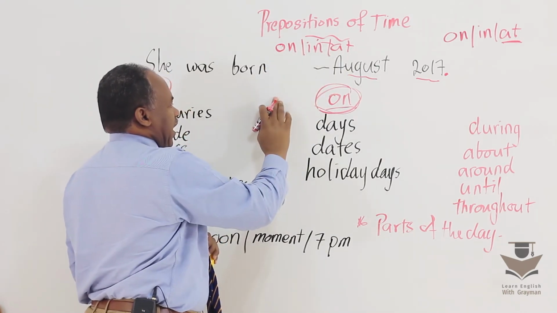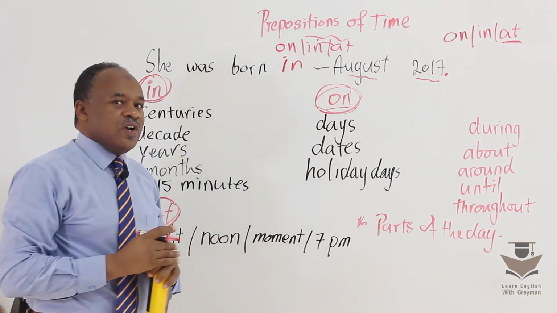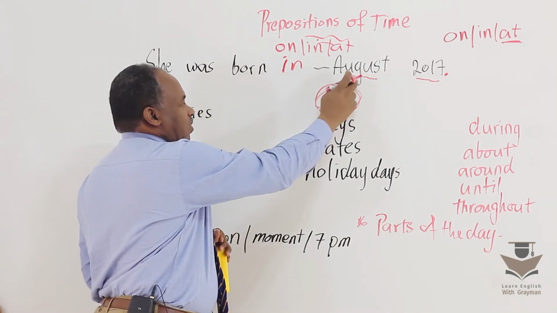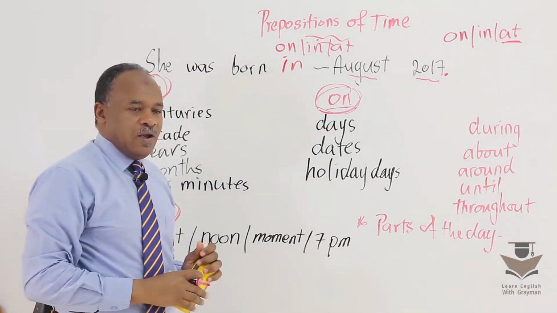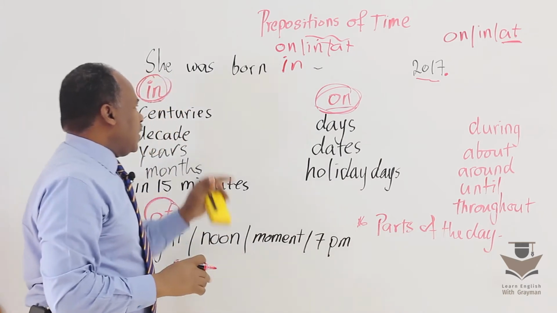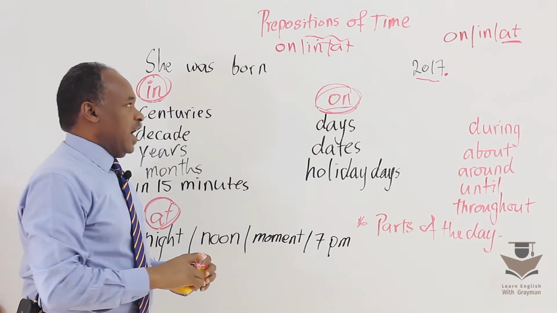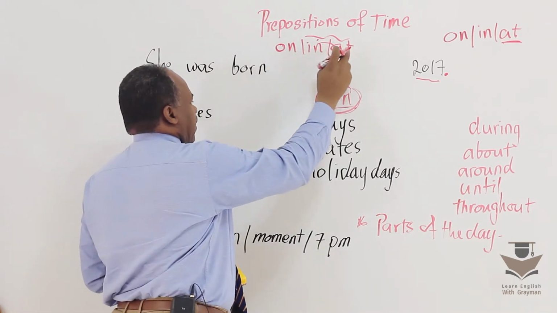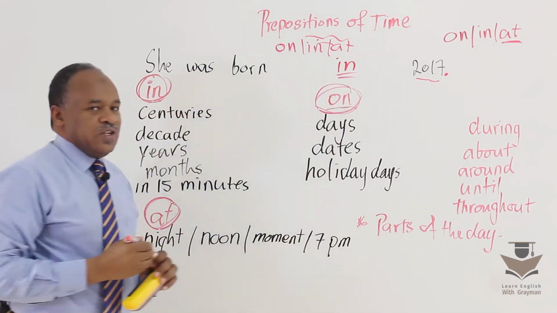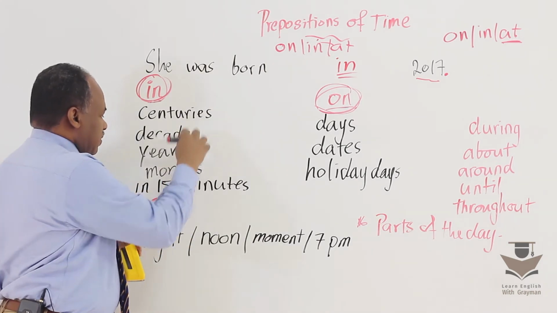If your answer is in, then your answer is correct, because here we're talking about months, August 2017. And if we delete this one, it's going to be, she was born, and then the year. Choose one, on, in, or at. If your answer is in, then it is correct.